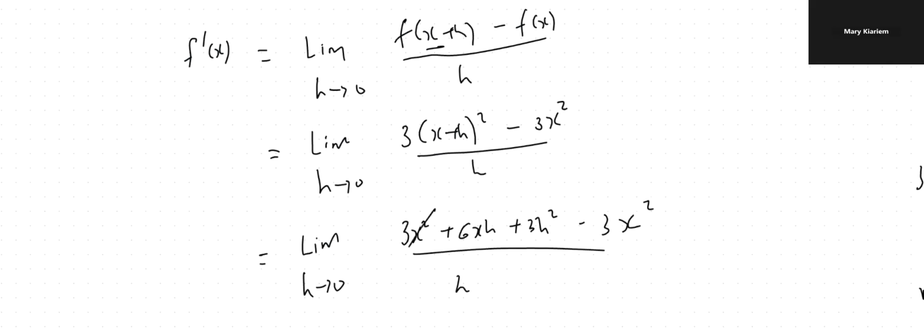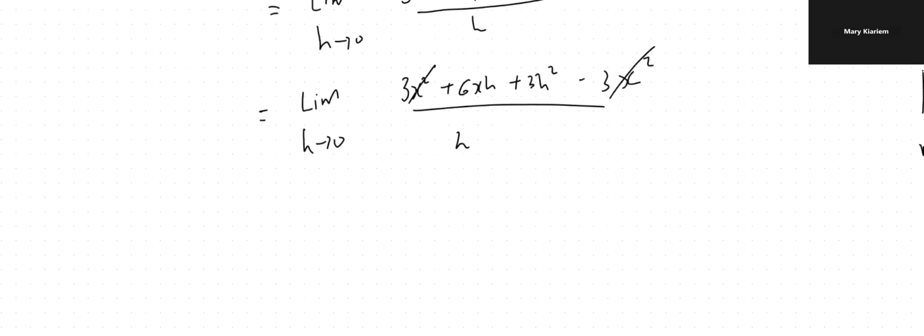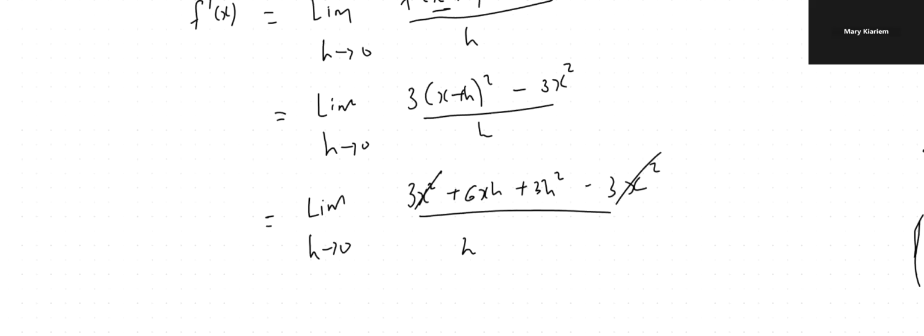And then we can factorize h so that we have the limit as h approaches 0, you factorize h and it will cancel with the one in the denominator. So you'll be left with 6x plus 3h.